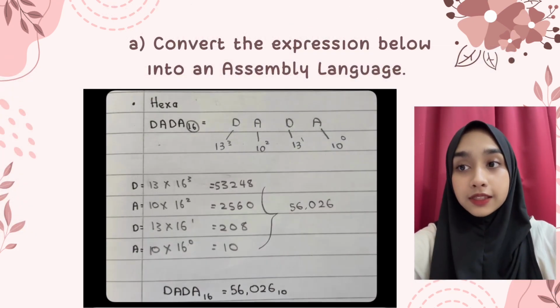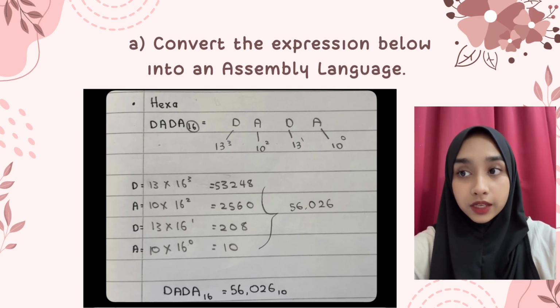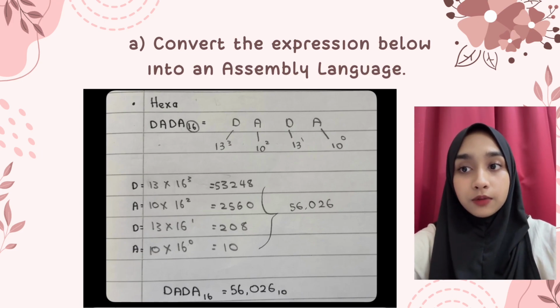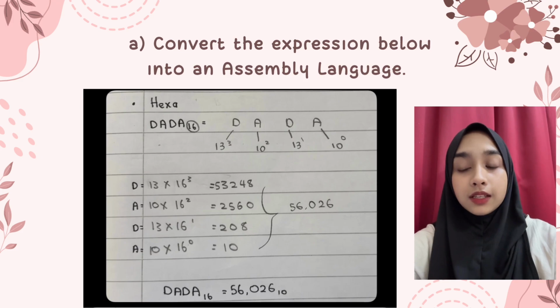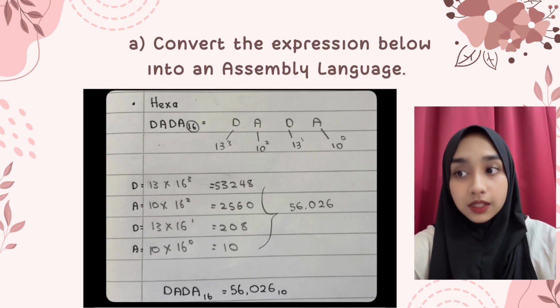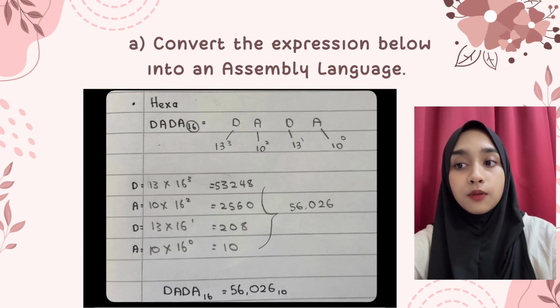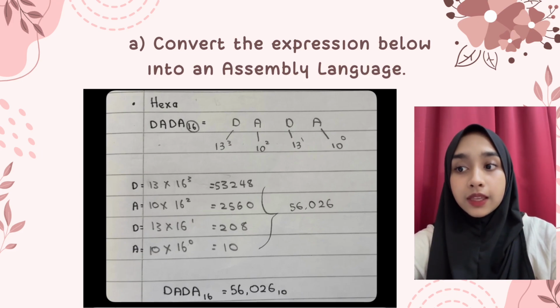Now I will convert the hexadecimal number DADA base 16 into decimal. Each letter represents a value. D is 13 and A is 10. So I multiply each by 16 to the power of its position. That means 13 times 16 to the power 3 equals 53,248. 10 times 16 to the power 2 equals 2560, and 13 times 16 to the power 1 equals 208, and 10 times 16 to the power 0 equals 10.